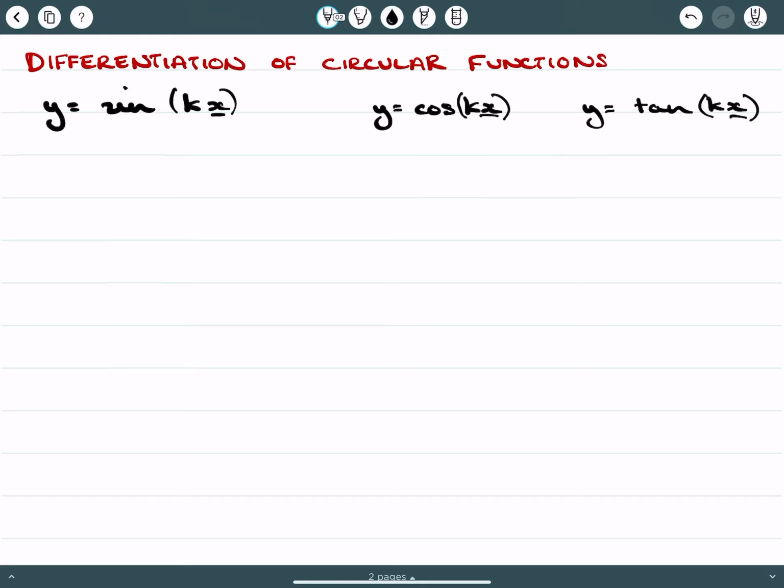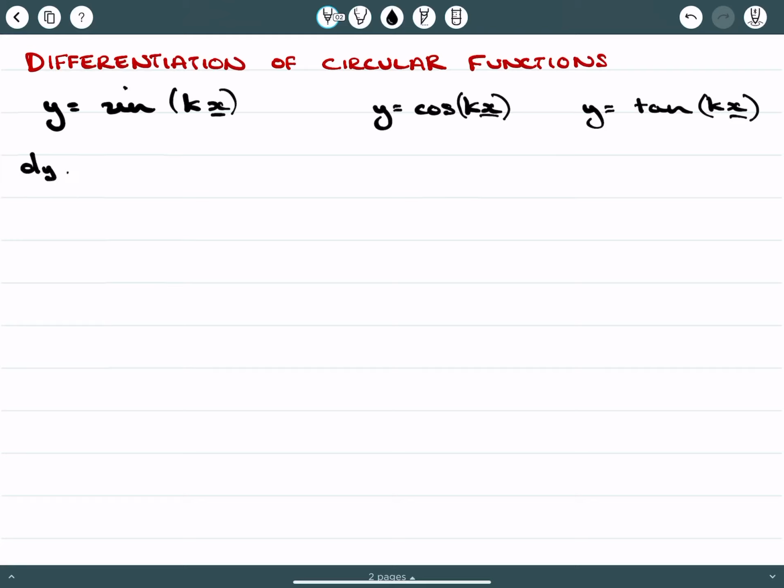Now, we have to understand that with our circular functions, there's some symmetry, especially with sine and cos, in how they match up with the original function and the derivative. However, we won't get into that in this lesson, but I want you to remember these rules.